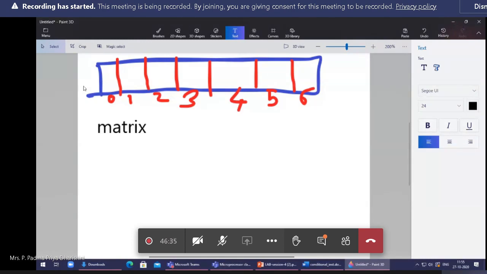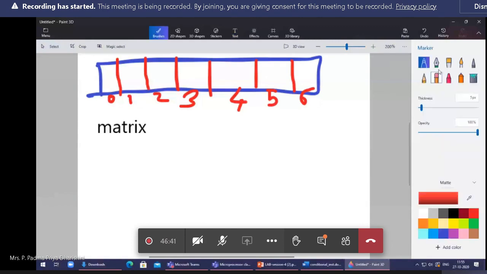Let us take that the array has some values: 1, 4, 8, 7, 11, 25, 3. What I need is to change all these values to 0. So now we are going to write a program to do this.